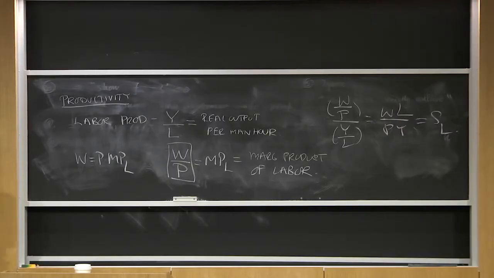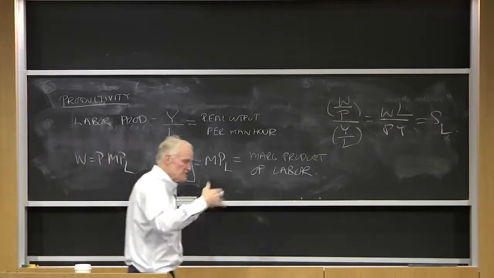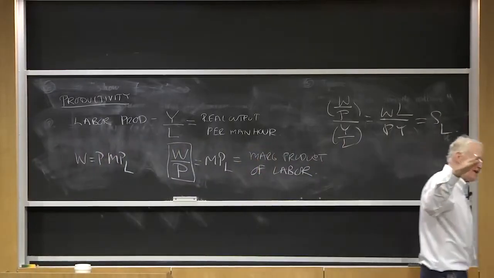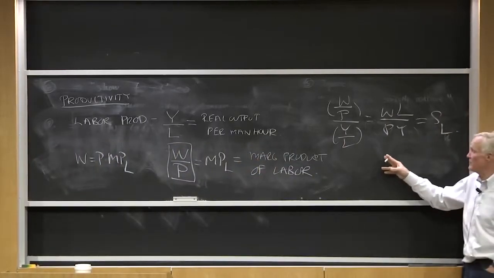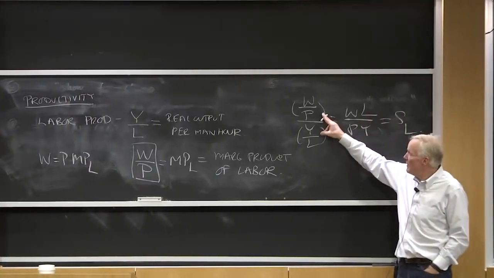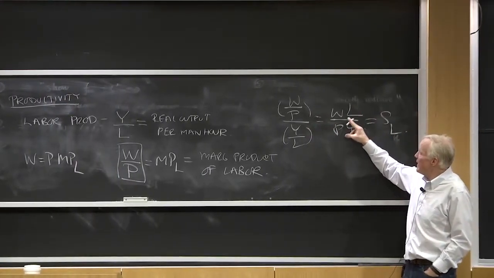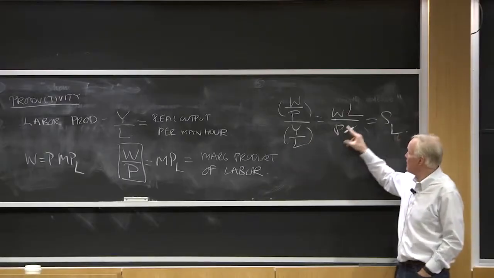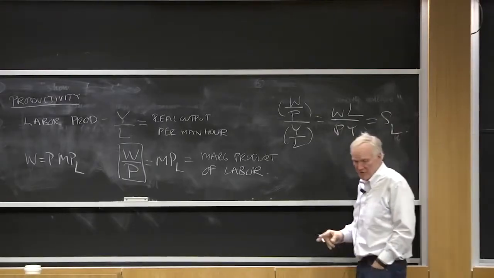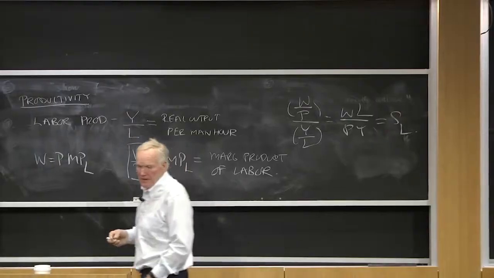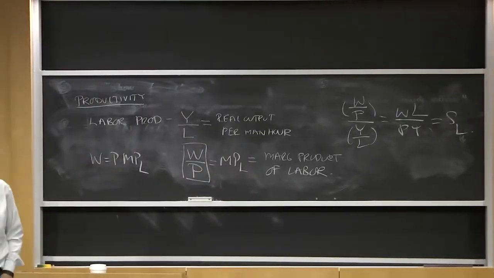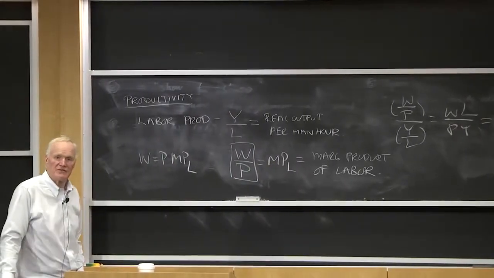For a long time, the share of labor varied somewhat, but it was relatively constant, certainly relative to the growth in either of these. So as output per man hour was growing, real wages were growing, and the share of labor was staying roughly fixed. So both these measures of productivity growth gave us the same message.